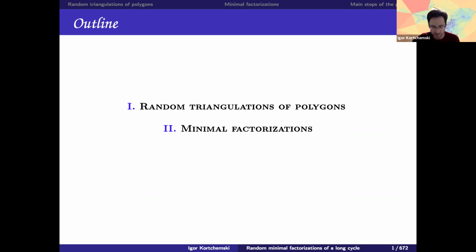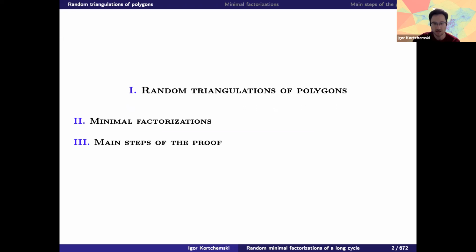So it will be a gentle introduction to minimal factorizations. I will state the model and our main result and give some glimpses of the main steps of the proof. Let's start with triangulations.